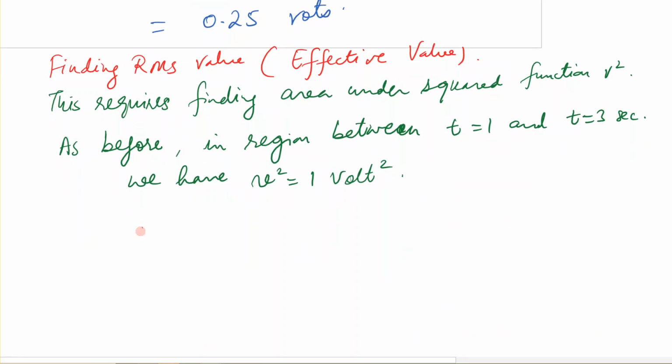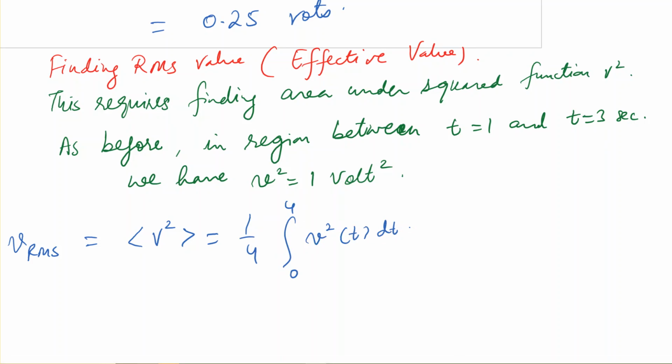So overall, our RMS value becomes 1 over 4, integral 0 to 4, v squared t dt. I would like to point out that if you're finding the RMS value, you also need to take the square root of this mean of squares. So this is our RMS value.